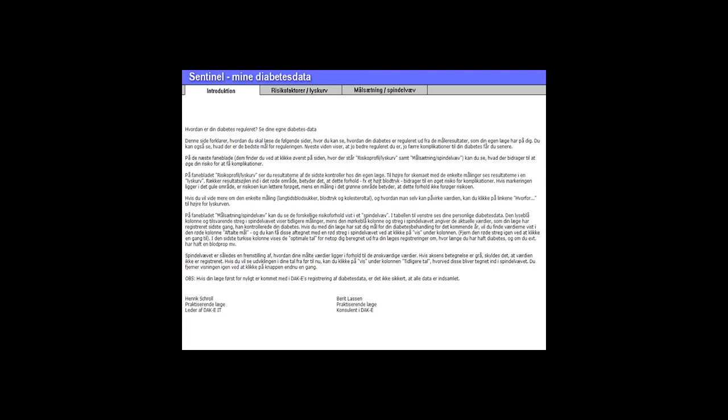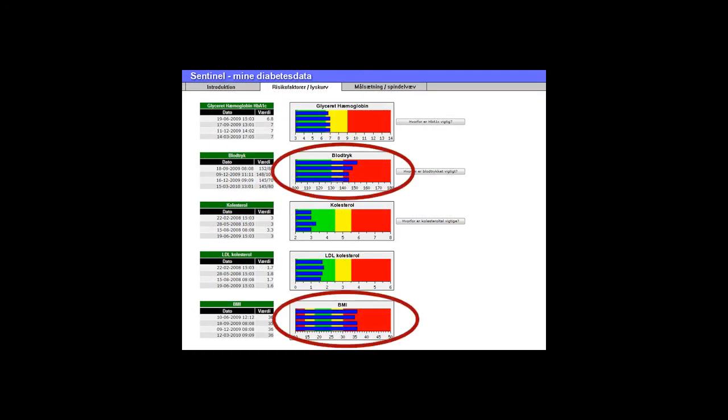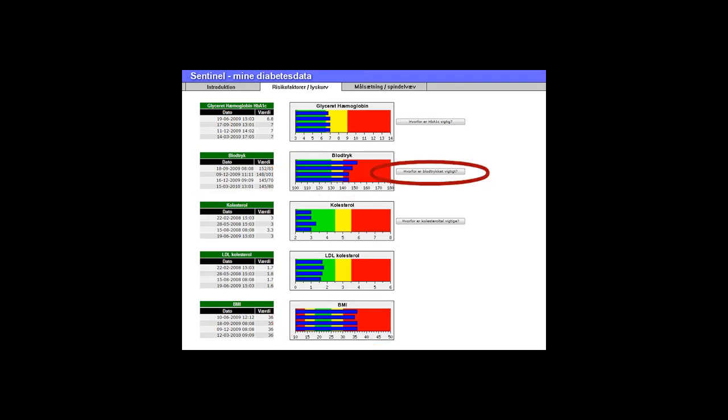Here, it's the same site that the doctor can see. It's the blood pressure, and it is the body mass index. That's the problem. It's in the red area. And if the patient wants to have more information about the blood pressure, he only has to press this button. Then he gets information on what is important with the blood pressure.